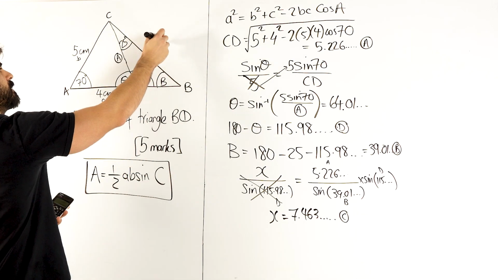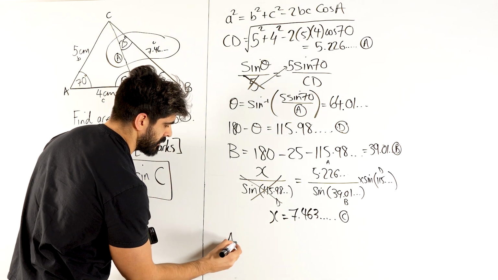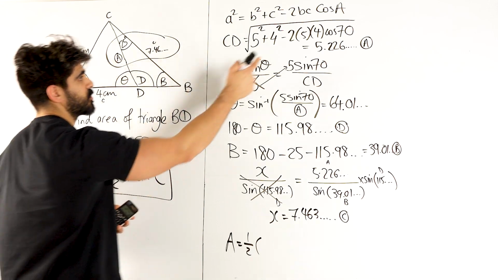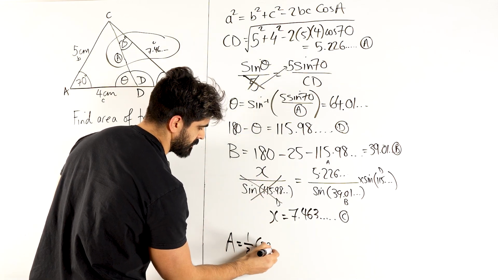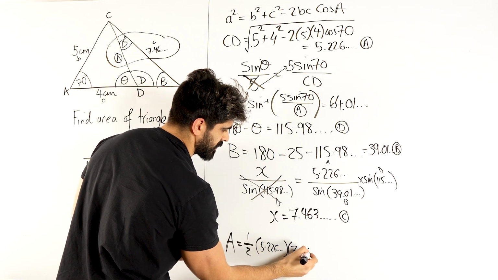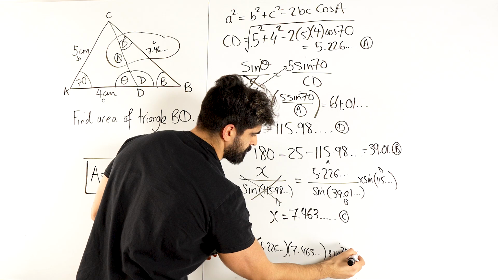Now we can do half AB sine C. So my area is now a half of this A, which was 5.226, times this value, 7.463, sine 25.